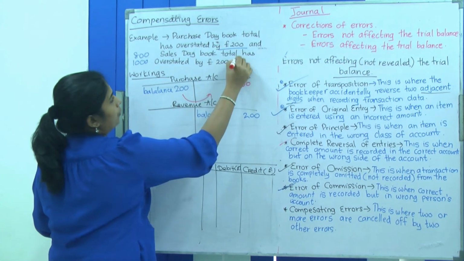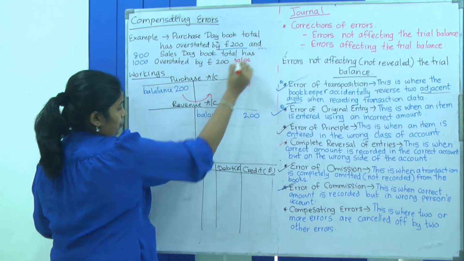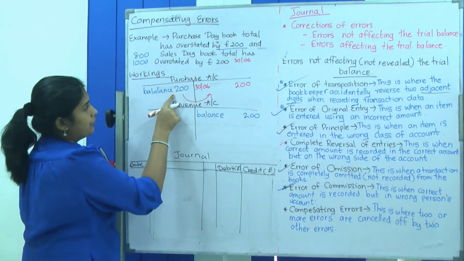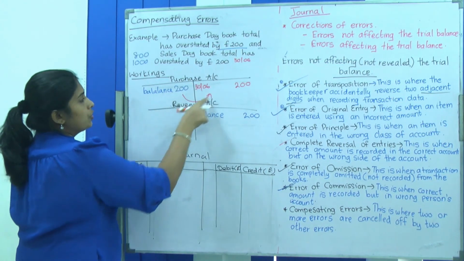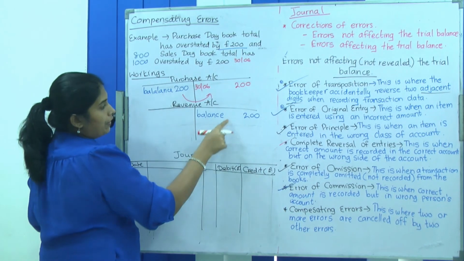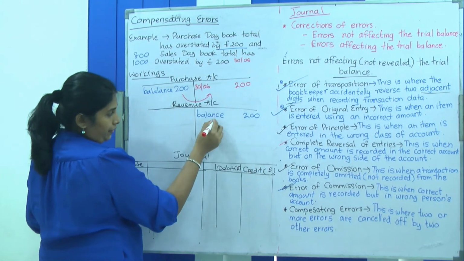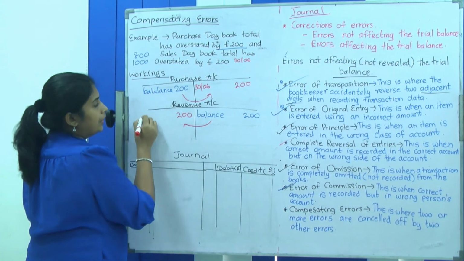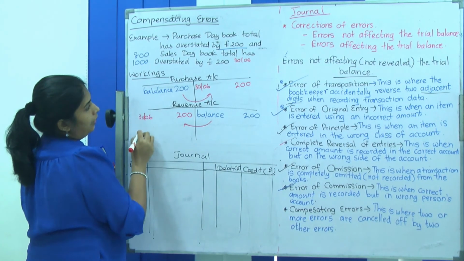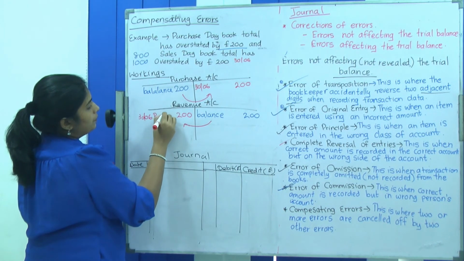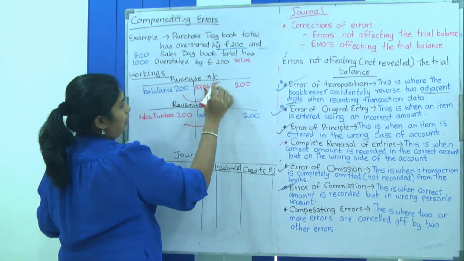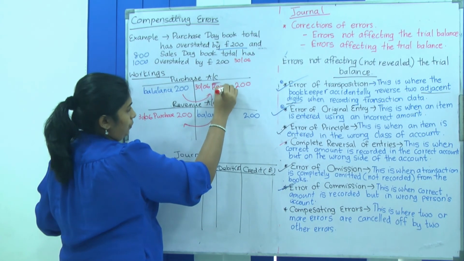So the error was found on 30th June, the overstated value which is 200 should be cancelled. So revenue overstated 200, which is on the credit side, to cancel, you have to debit that. Here you can write purchases because you set off with the purchases. In purchases account, you can write revenue.